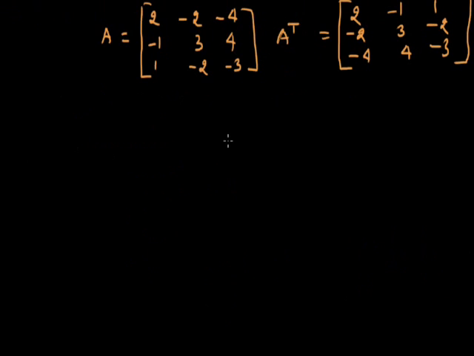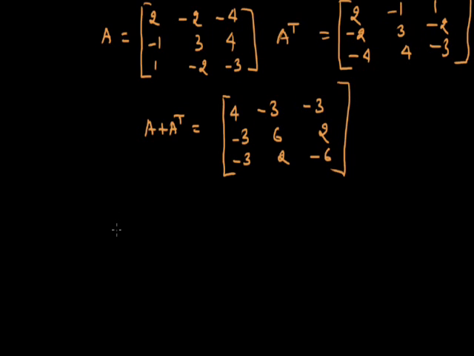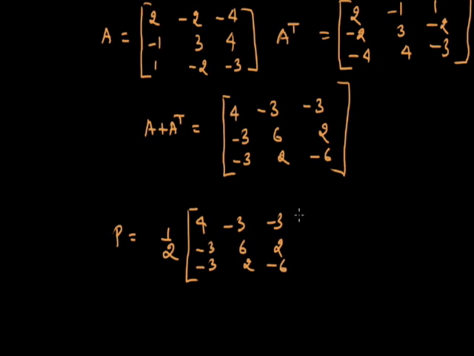Now A plus A transpose is equal to [4, -3, -3; -3, 6, 2; -3, 2, -6]. So P equal to half of that matrix.